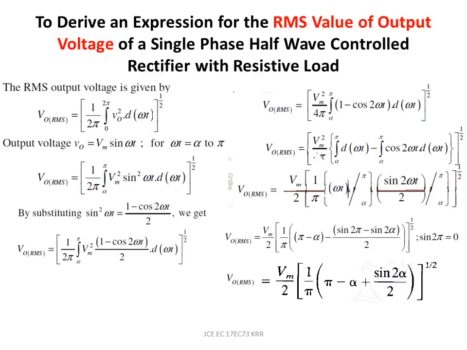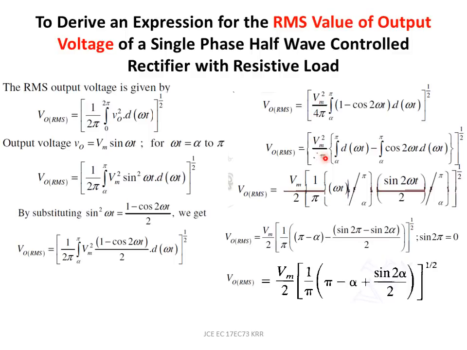So you can rewrite the formula for V naught RMS, getting Vm squared outside. So 2 outside, I get Vm squared upon 4 pi, integration from alpha to pi of 1 minus cos 2 omega t d omega t, the whole to the power of half. So this becomes a simplified integration function.